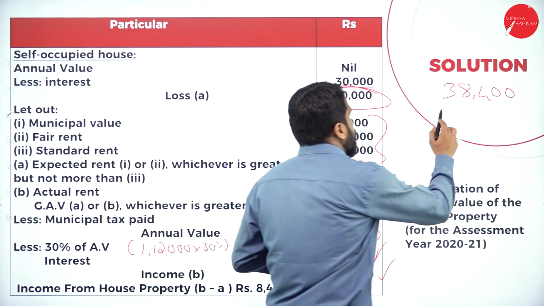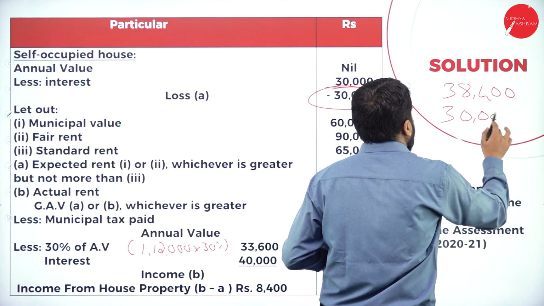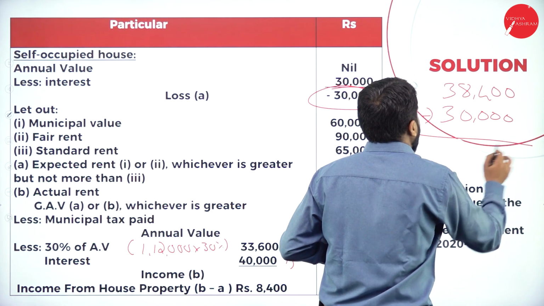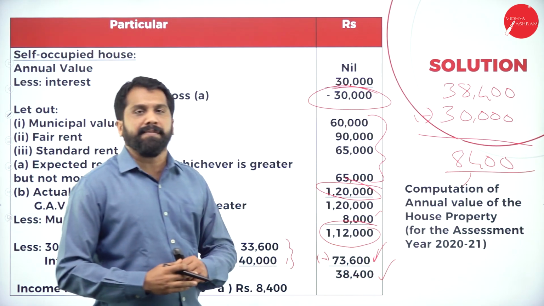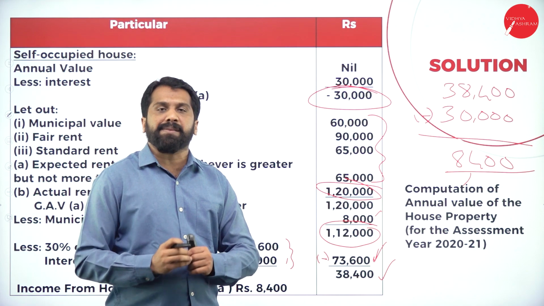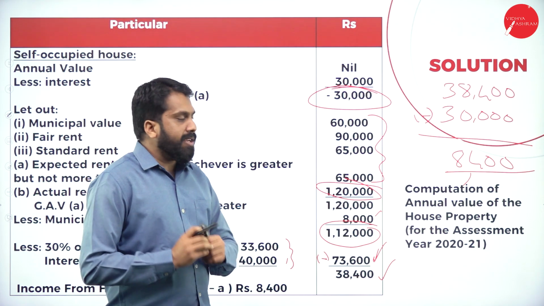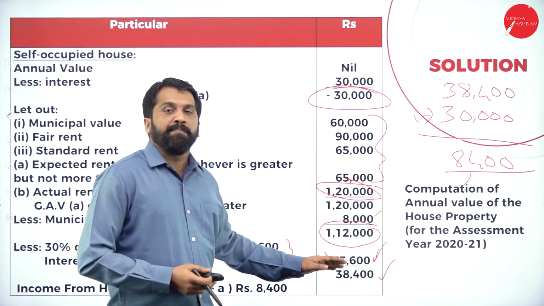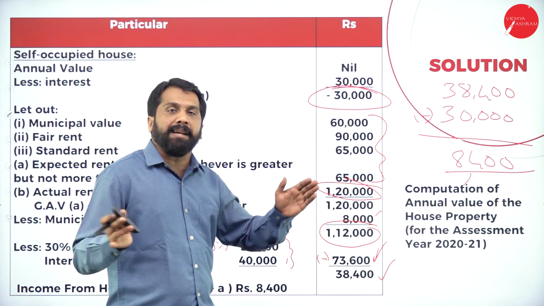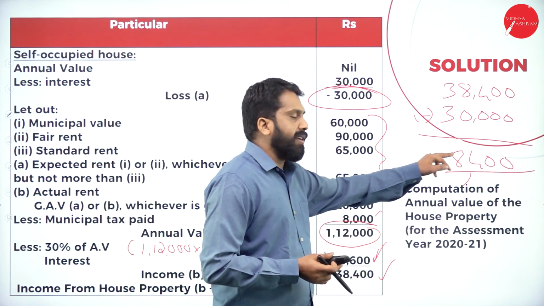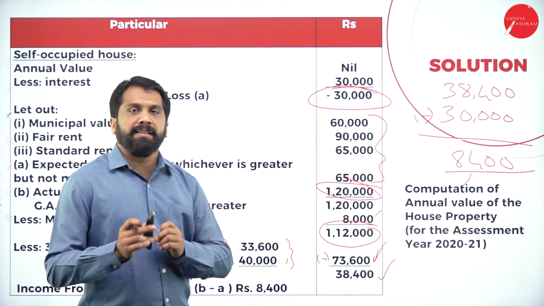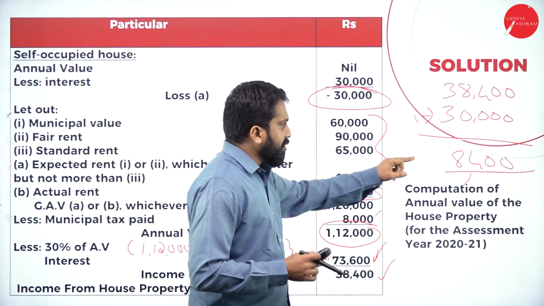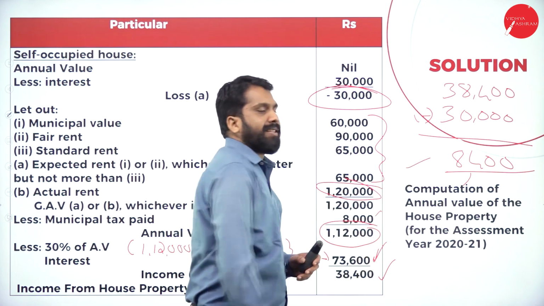From that, you minus 30,000, that is the loss. Finally, you are supposed to pay tax only on 8,400. So, this is the advantage of income tax. Even though you are under profit, even though you are under loss, that can be set off and your tax can be saved. Clear? Yes. You are supposed to pay tax only on 8,400.